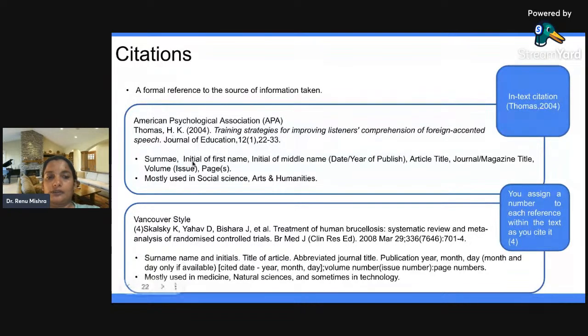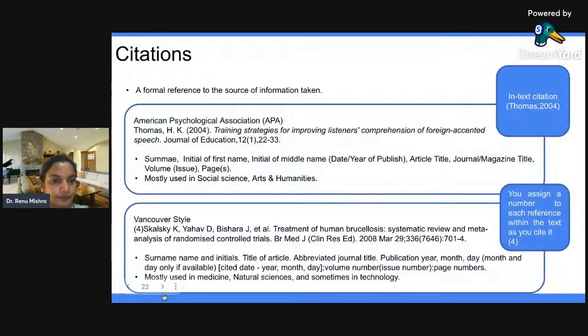Here, if you focus, there is a full stop between the initial of the first name and the initial of the middle name, which is not the case here, and then the rest of the details. However, you assign a number to each of the references within the text as you cite it, unlike here. So, just a number within the text. I hope this is clear to all of you.